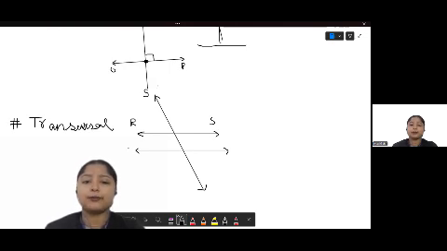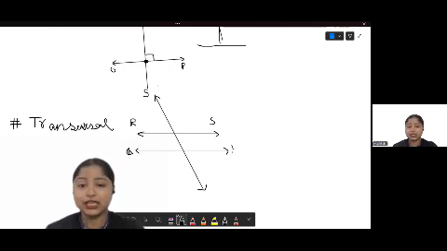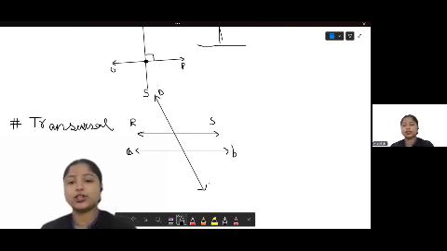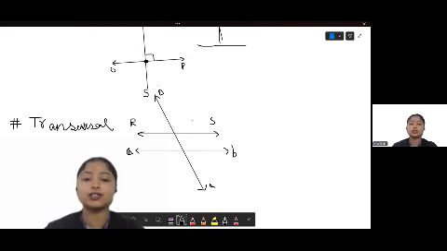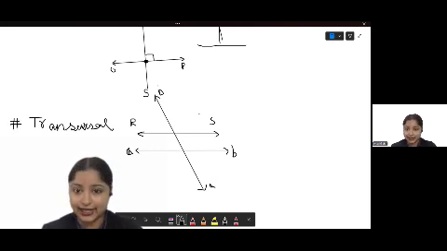Let's name the points. This is A, this is B, and this is P, and this one is Q, right? Now the line PQ is a transversal, because it is passing through the two parallel lines.